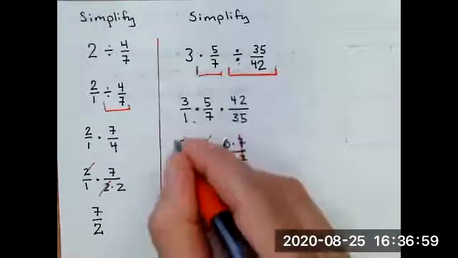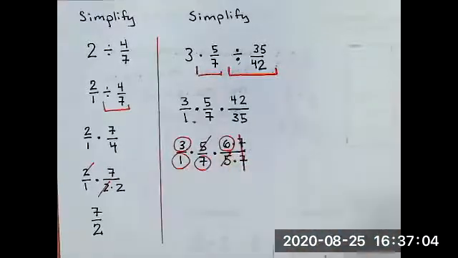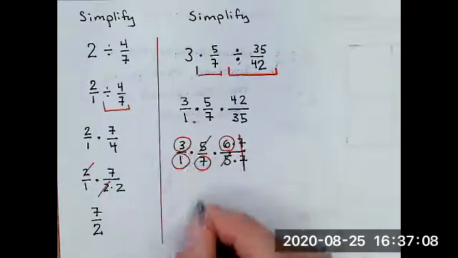If you want, you can circle what's left. So we have 3 times 6, which is 18, over 1 times 7.